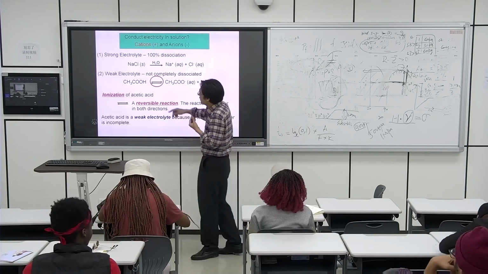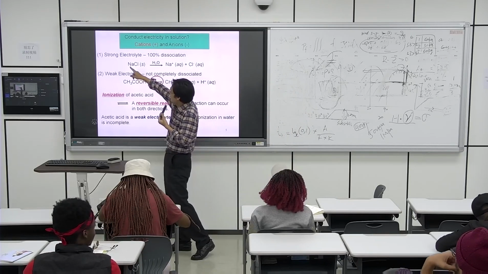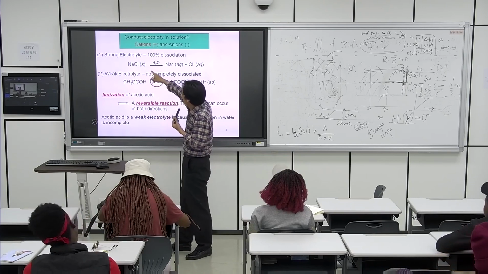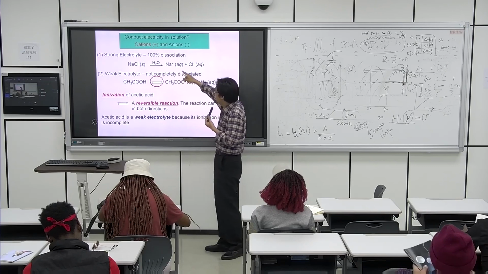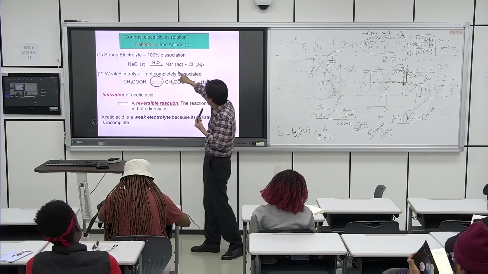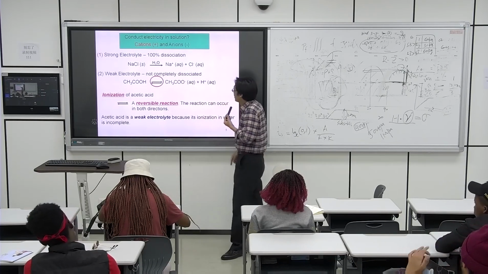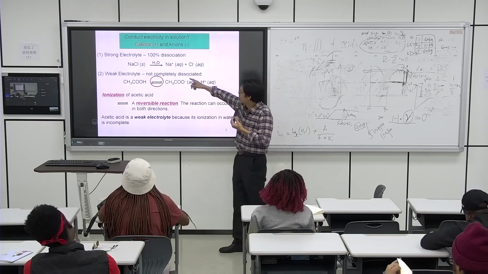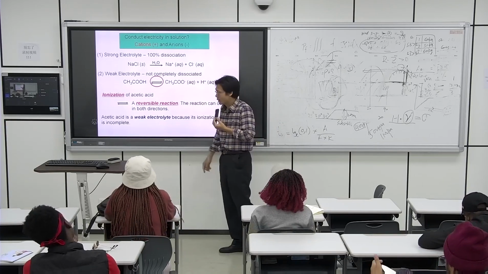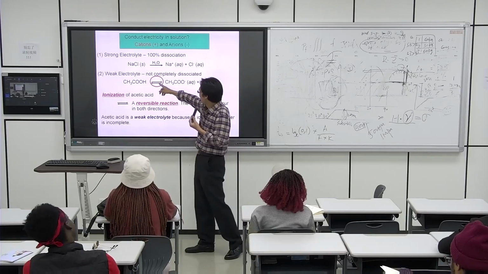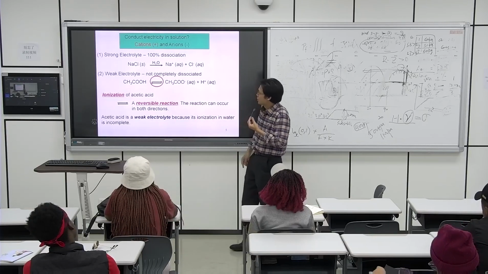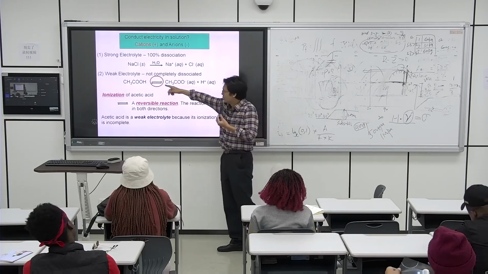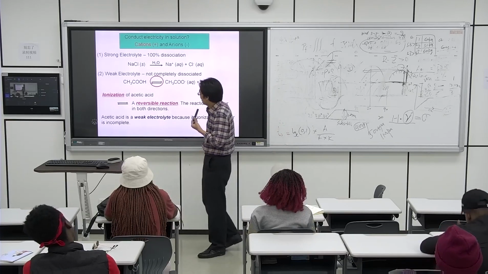So here we can see some substances are strong electrolytes because they can completely dissociate into cations or anions. If it's not completely dissociated, it's called a weak electrolyte, because it is neutral.